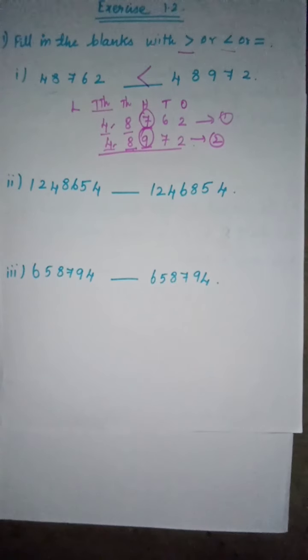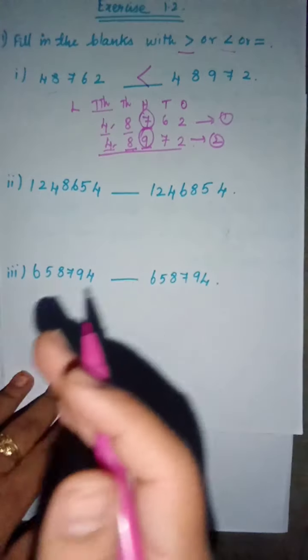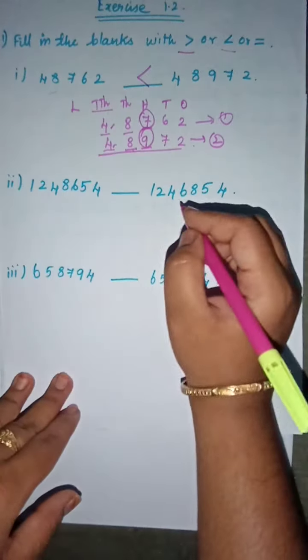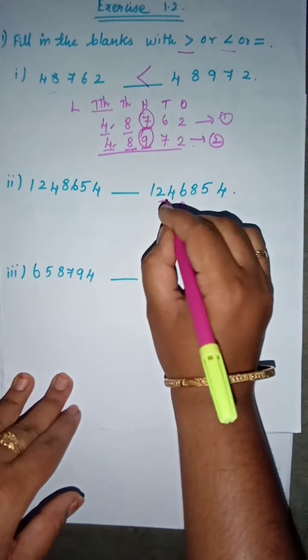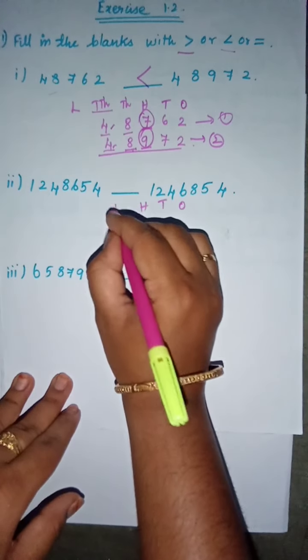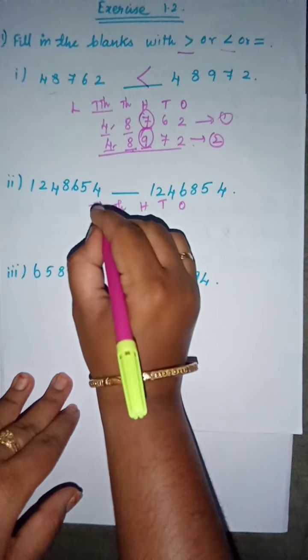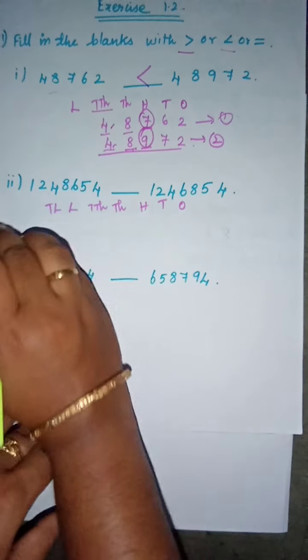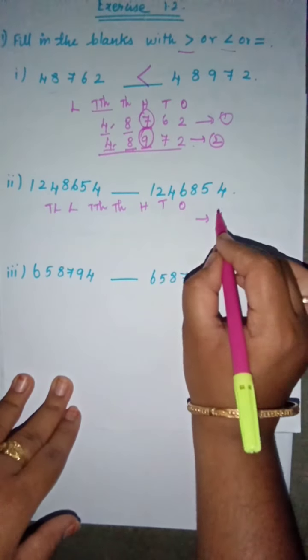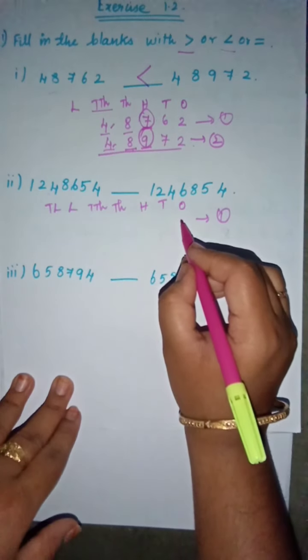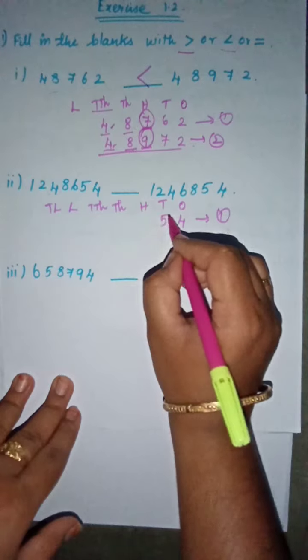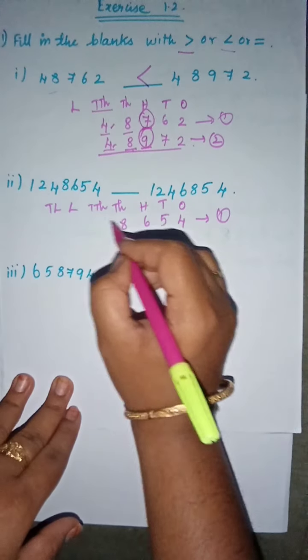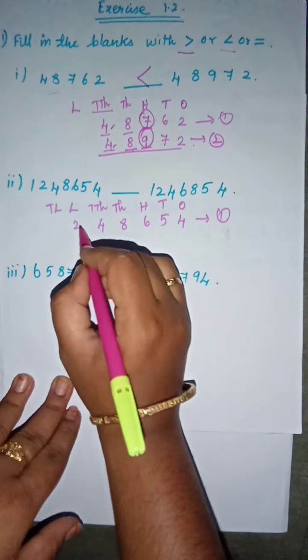Okay, the next sum, the second sum. As usual, the first thing is we have to write the place value chart: ones, tens, hundreds, thousand, 10,000, lakh, 10 lakh. Here also we have to start from this side. This is the first number: 4 5 6 8 4 2 1.